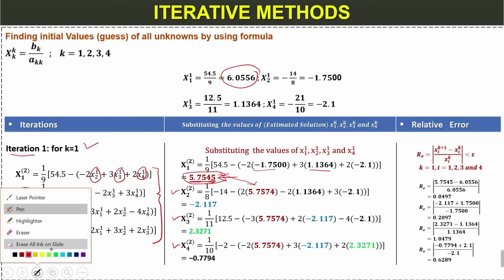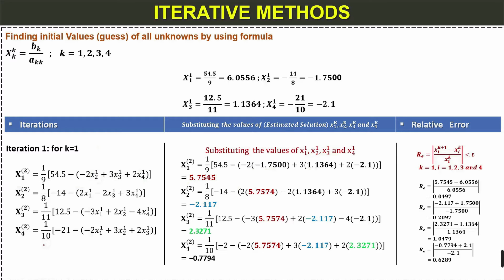But in the Jacobi method we use the new estimated solution only at the end of the iteration, meaning in the new iteration, iteration 2. But in the Gauss-Seidel method we use the new estimated solution to calculate the rest of the unknowns. Here we can see that we have used new estimated solutions.